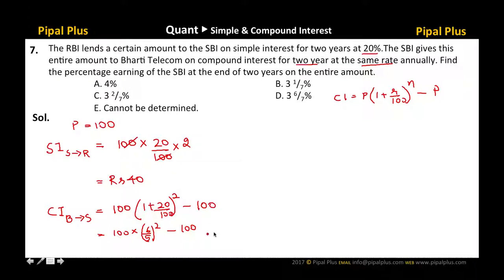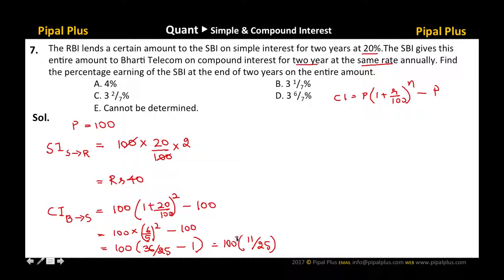So if we take 100 common, we get 36 by 25. This is 6 squared divided by 5 squared minus 1, right? So we get 100 common, 36 minus 25, 11 by 25 is what is left in this bracket.